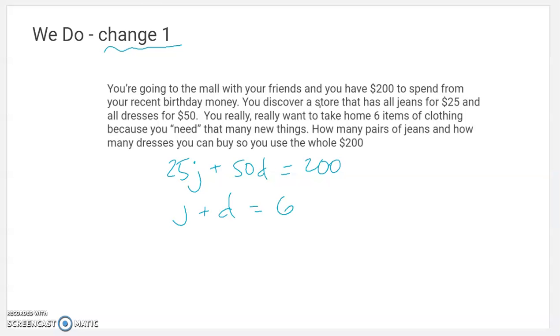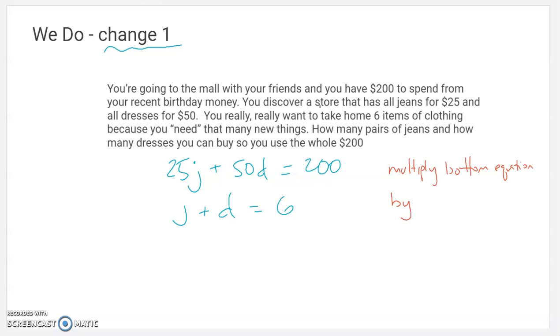So again, notice here, if I want to use elimination, not here, not here, I can't do it. So the strategy today is that we're going to multiply the bottom equation by either, we have a choice on this one.